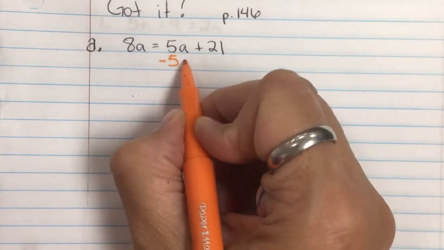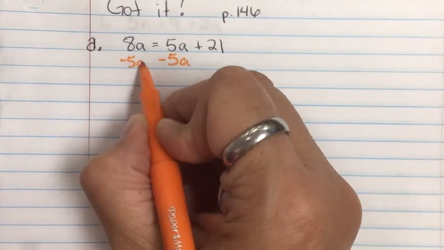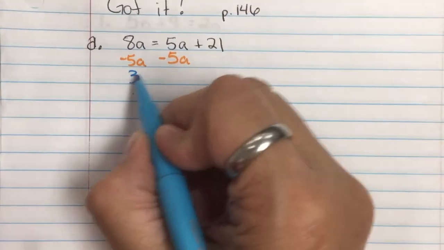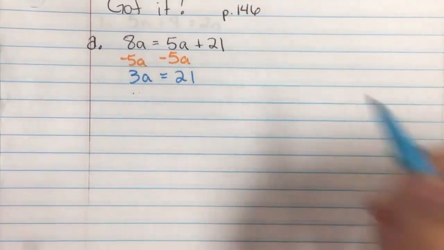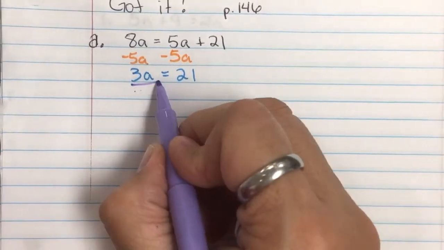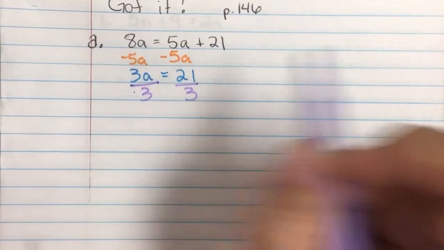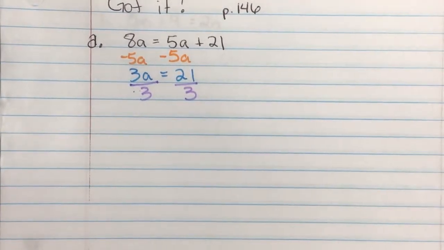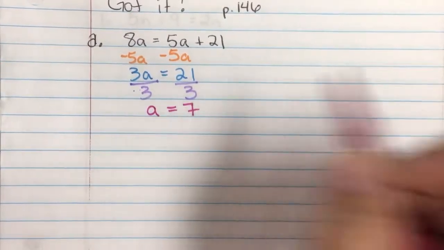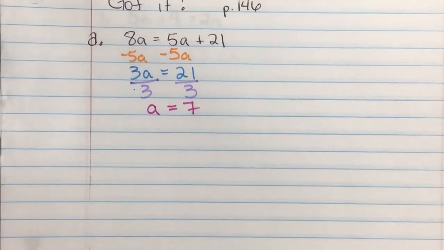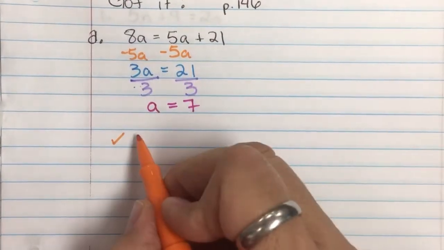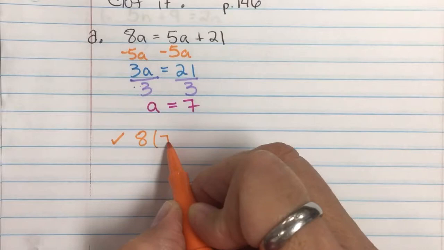I'm going to subtract 5a from both sides, and hopefully that's what you guys did also. I will get 3a equals 21. You know me and my colors. Gotta switch them up. So I divide both sides by 3, and I get a equals 7. Now on your piece of paper, did you remember to check your answer? I'm replacing all a's with 7.